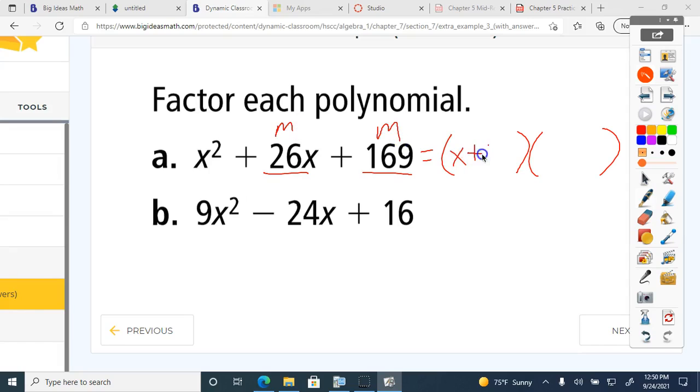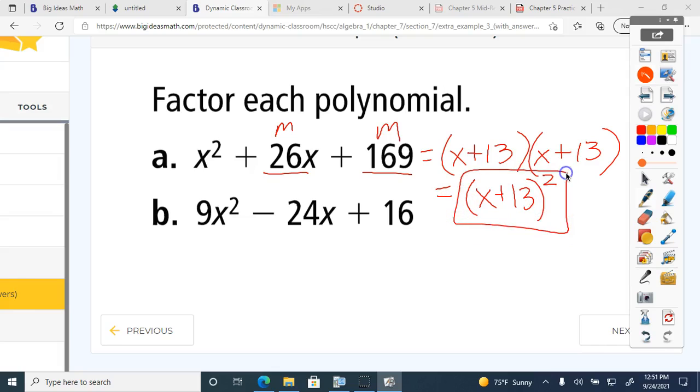So x plus 13, x plus 13, but don't write it like that. We want to write it like x plus 13 squared. Everybody good on A?